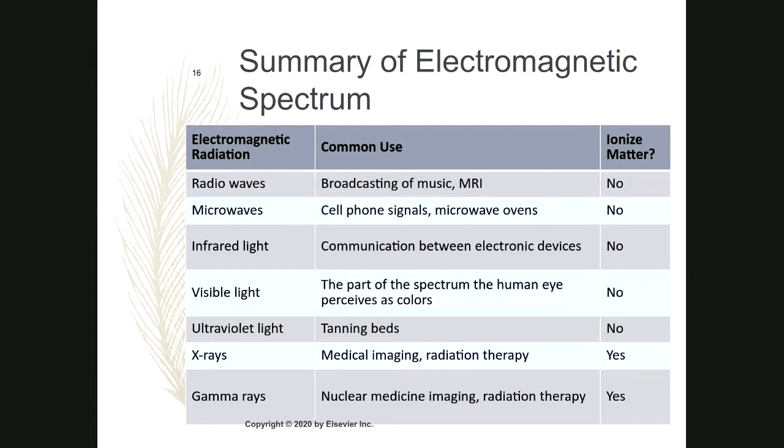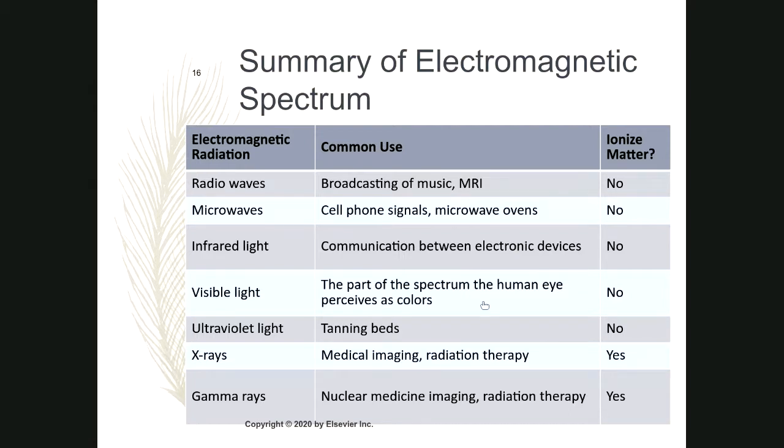So just to sum it all up, radio waves are used for radio stations other than satellite signals, and used in MRI. Can they ionize? No. Microwaves, cell phone signals, microwave ovens, but no ionization. Infrared light is communication between electronic devices, but no ionization of matter.